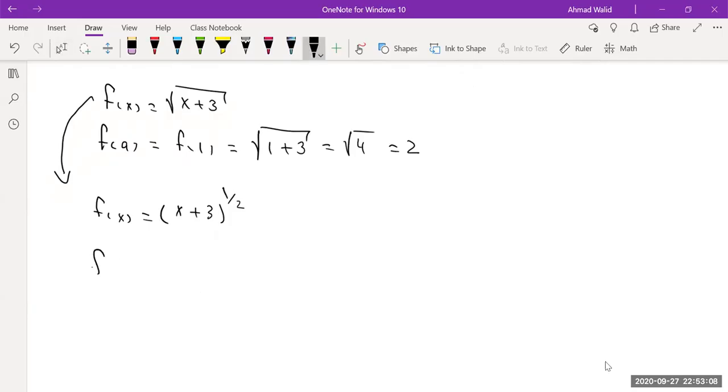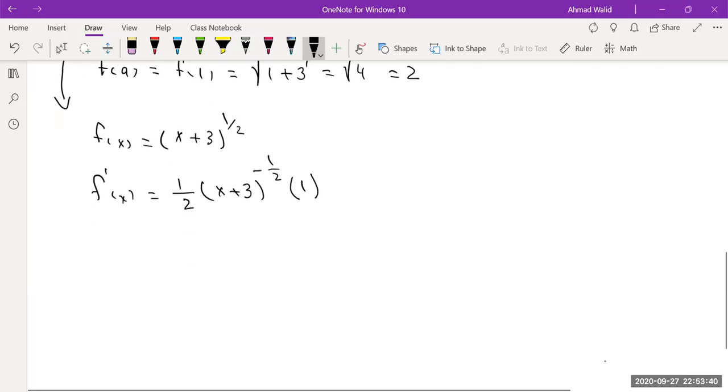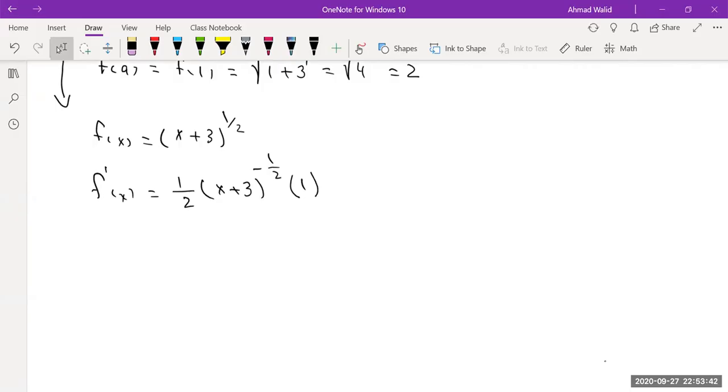Let's find f prime of x. f prime x equals the derivative of outside: 1/2 times (x plus 3) to the power of 1/2 minus 1, which gives negative 1/2, times the derivative of inside. The derivative of inside is 1, correct? The derivative of x plus 3 gives you 1. Or you can use the u method that I taught you when I taught you the chain rule, but I did this straight here because it's a really easy function.